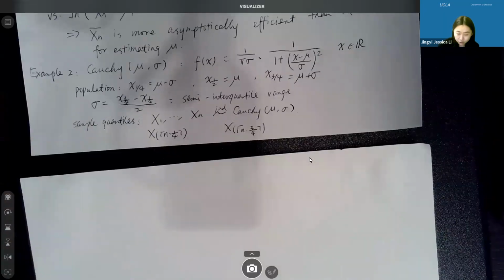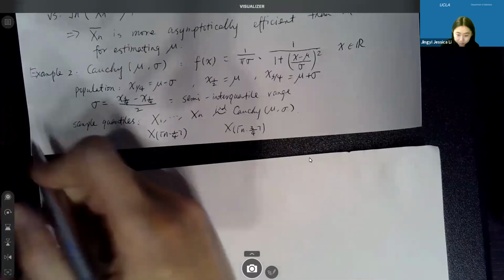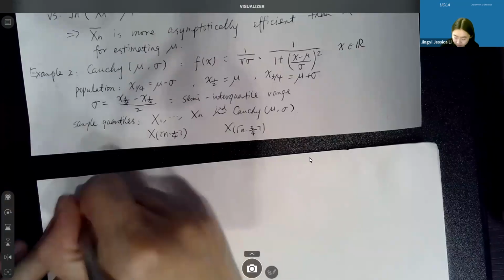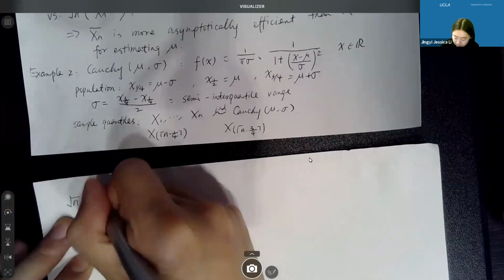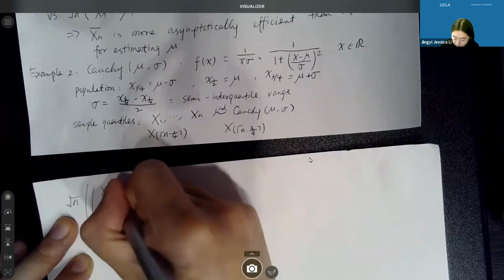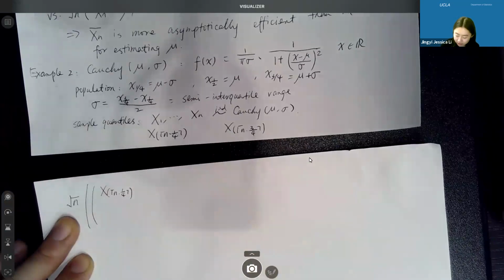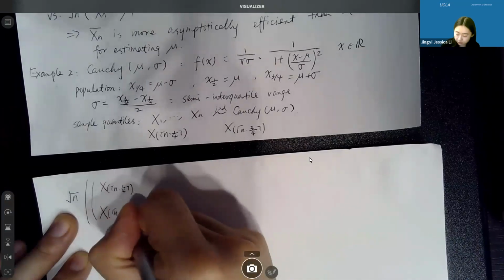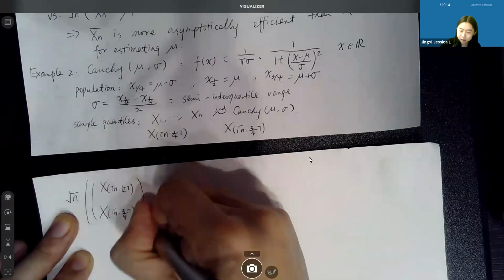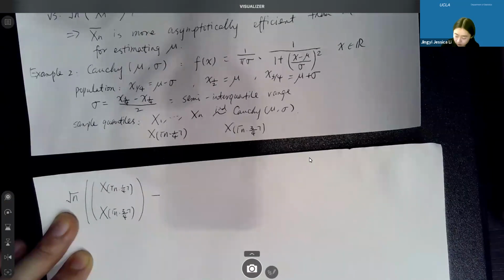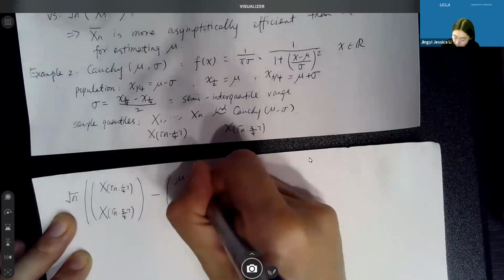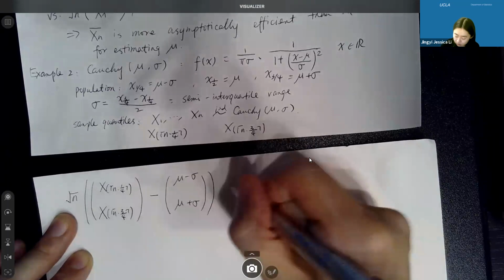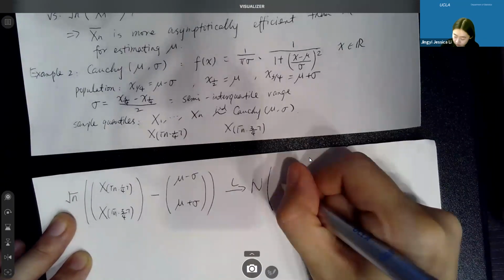We can easily show that root n times the first quartile and the third quartile, minus their corresponding population counterparts, mu minus sigma, mu plus sigma, converges in law to a normal distribution.